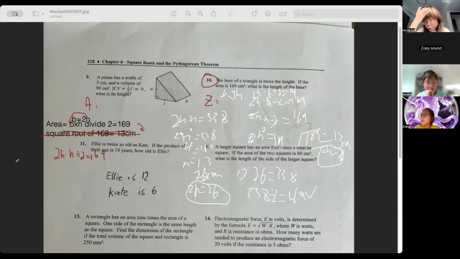嗯，什么地方又不会了？Which part? Like the part where it said 2h times h divided by 2 equals 169. So 169. So it's 2 times h divided by 2.